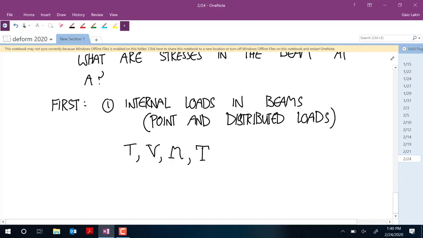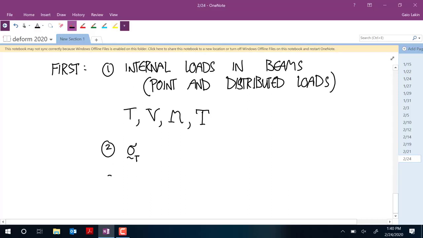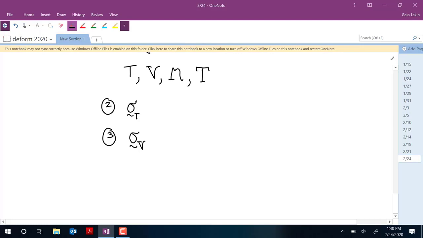and then after we've talked about internal loads, we'll talk about how to use those internal loads to calculate the stress tensor due to that internal tension, the stress tensor due to the internal shear force, the stress tensor due to the internal bending moment, and the stress tensor due to the internal torque.